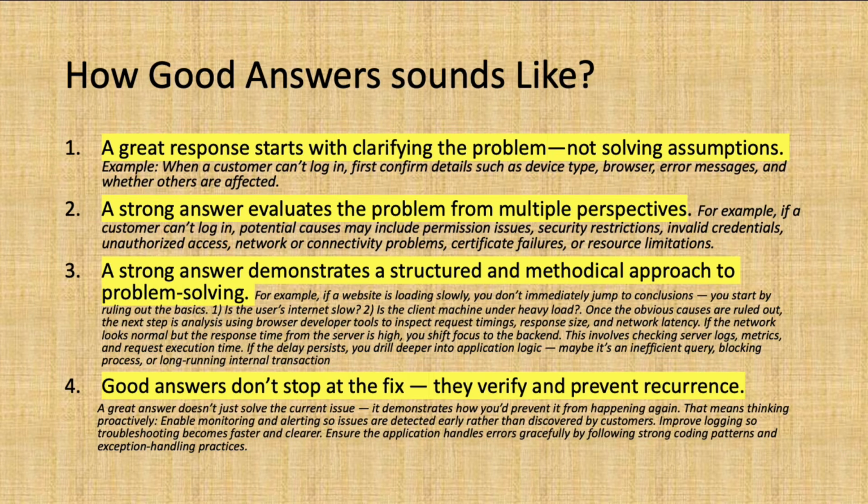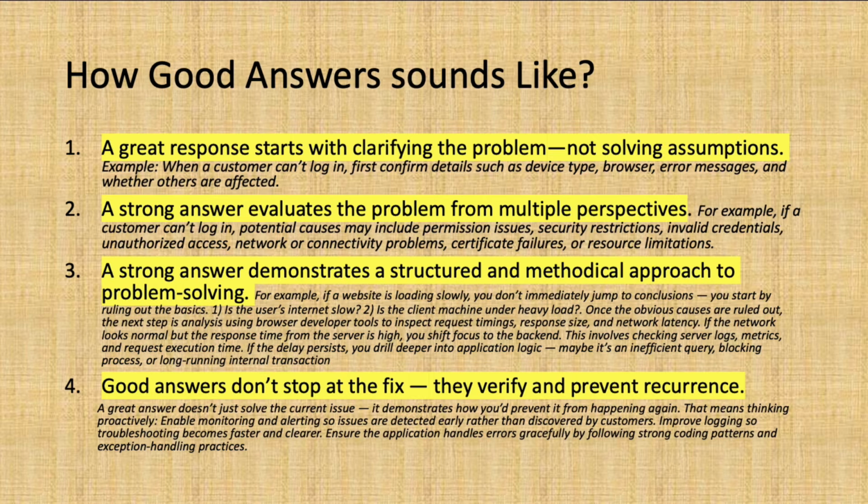And when answering a question, we should go in a structured and methodical way, right? We just don't want to say, hey, the browser is slow, it could be a backend issue. We cannot just directly say that. So we have to go in a methodical way. We want to rule out the obvious causes.